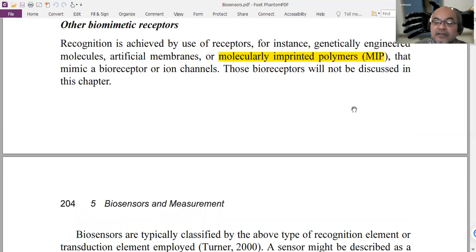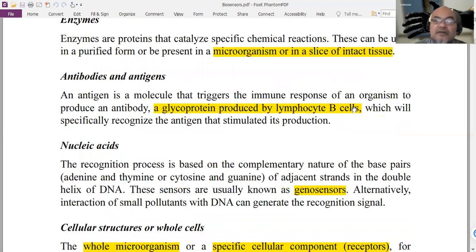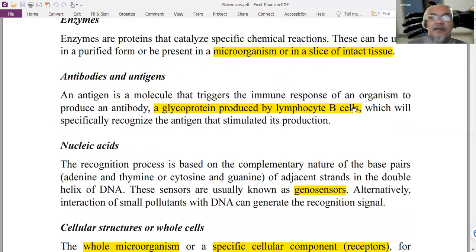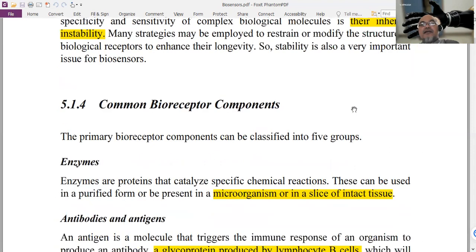And then they all can be divided into two types of bioreceptor, the first being the catalytic biomolecule, in which case the biosensor will be called a catalytic biosensor. In this case, the biomolecule will only catalyze a reaction between the analyte and certain other reagents to produce a product.